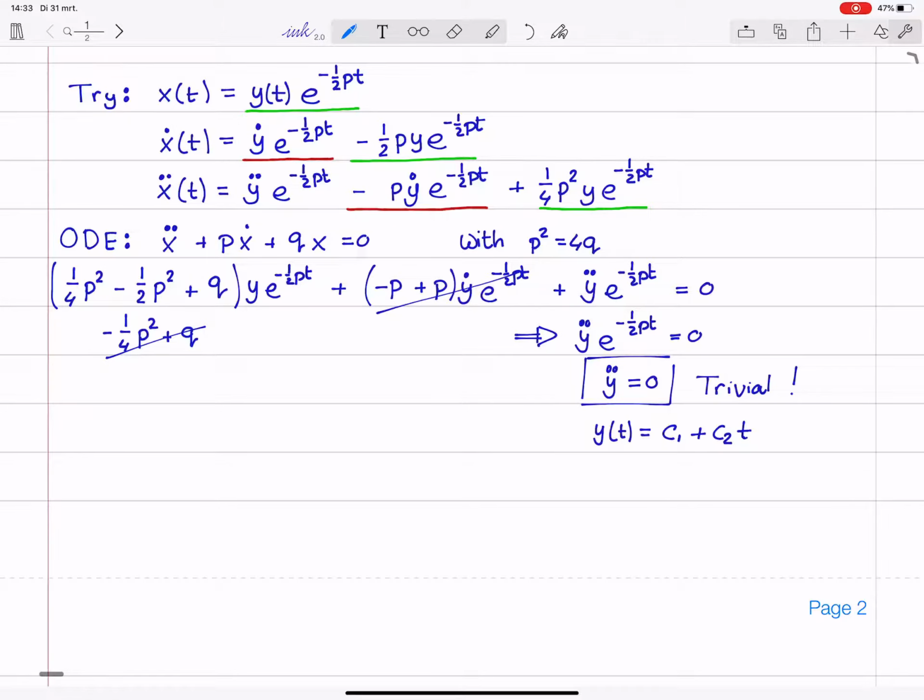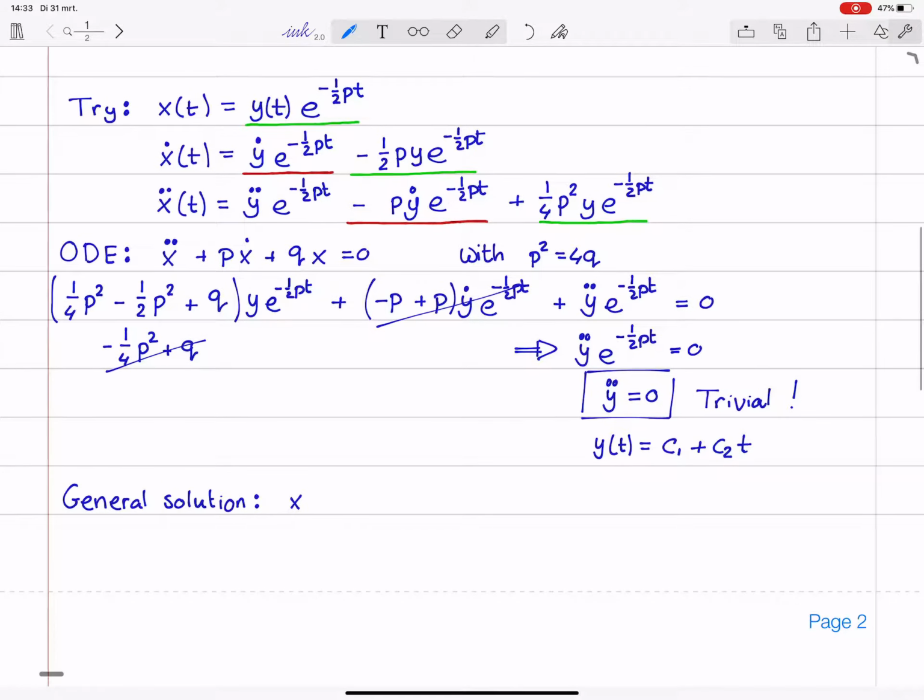So let's substitute that we found that the general solution for x as a function of time is now C1 plus C2 times t times e to the power minus a half pt.